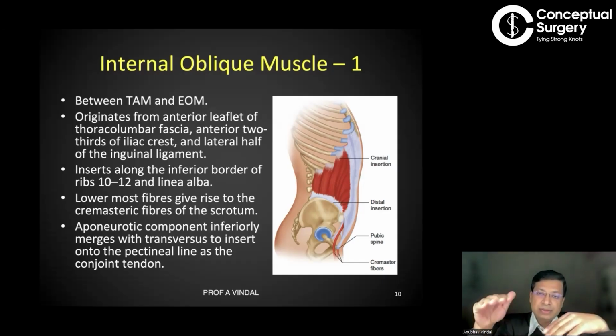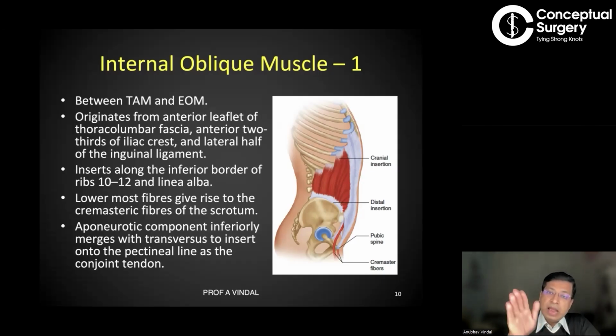Whereas the fibers of the external oblique run downwards, forwards, and medially, the fibers of the internal oblique arise inferiorly from the anterior leaflet of the thoracolumbar fascia, the iliac crest, and the lateral half of the inguinal ligament, and then run upwards and medially. They insert along the inferior border of the 10th to 12th ribs and then onto the linea alba.